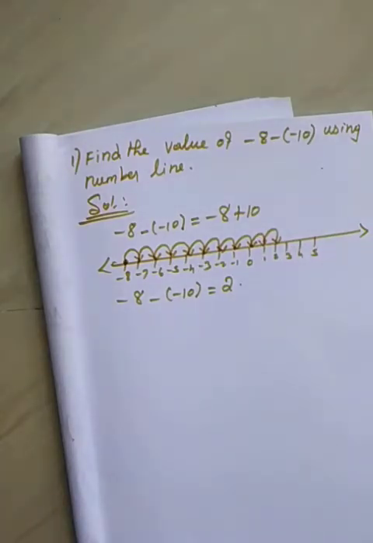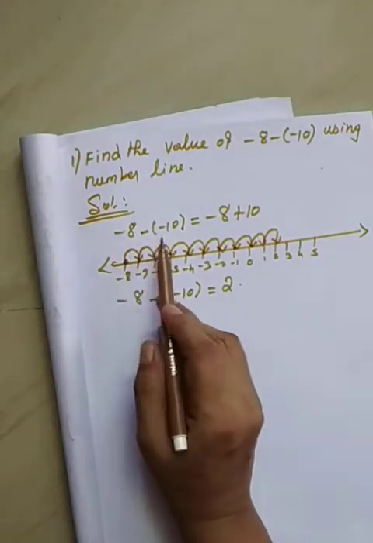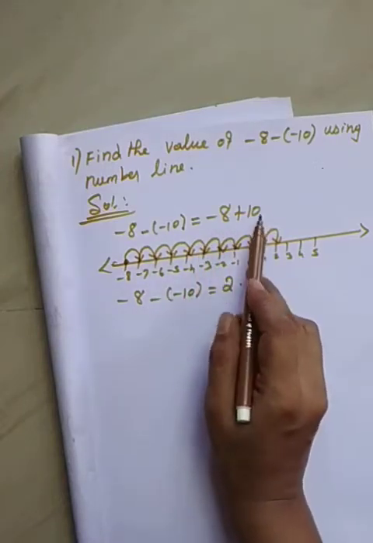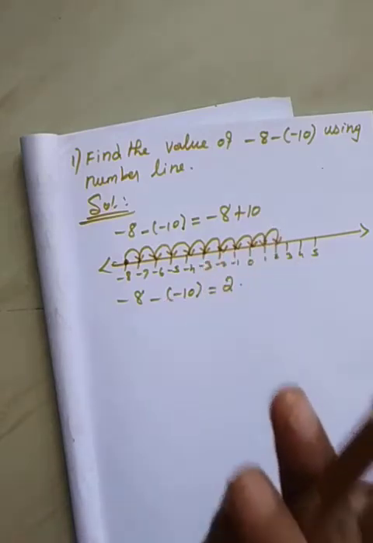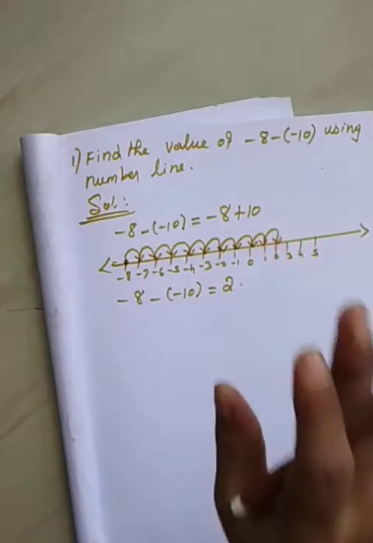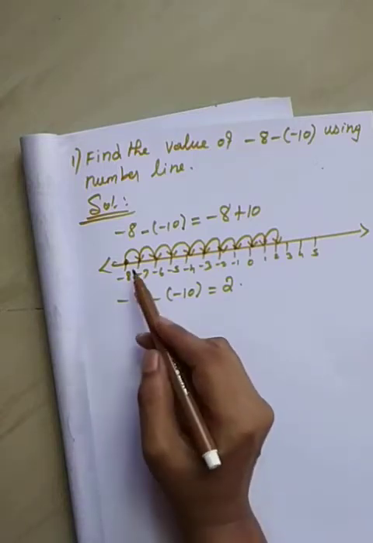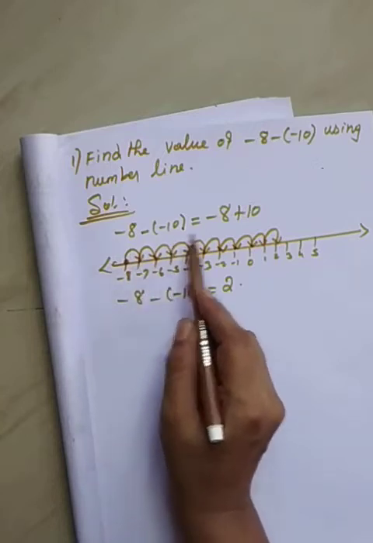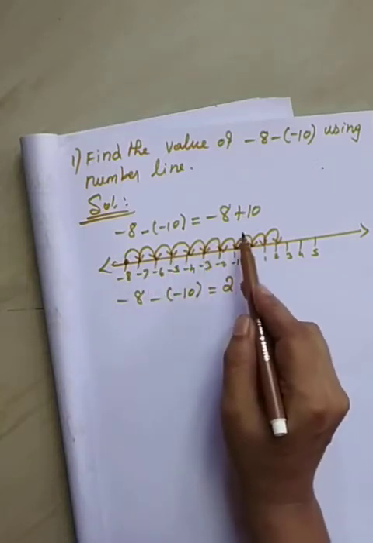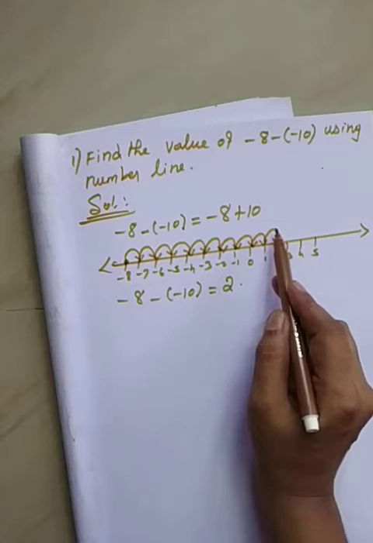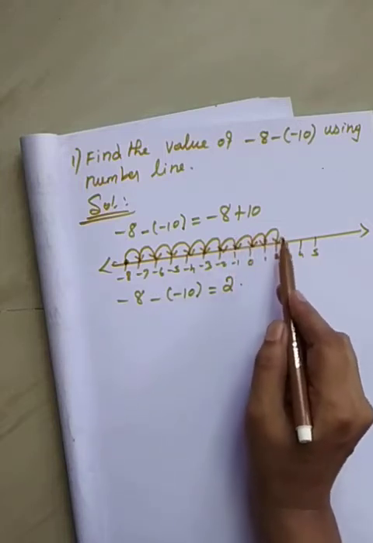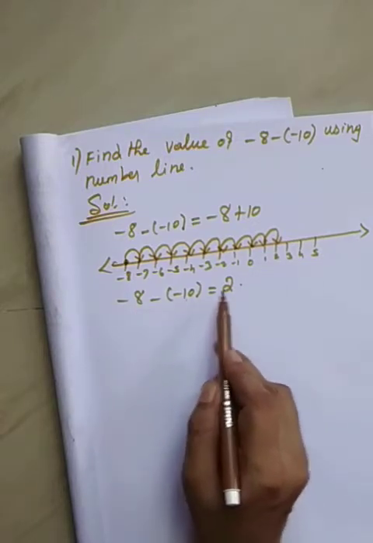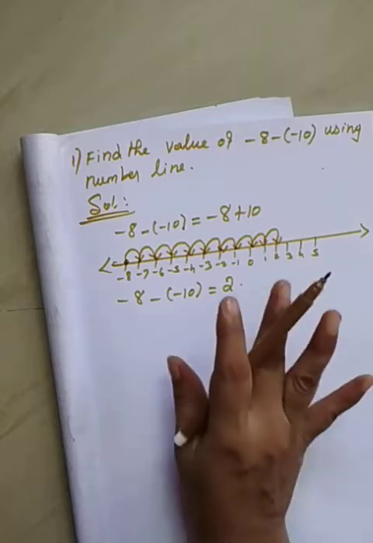So -8 minus of -10 is equal to -8 plus 10, as the additive inverse of -10 is 10. On the number line, from -8 we move 10 steps towards right. We reach the point 2. So your answer: -8 minus of -10 is equal to 2.